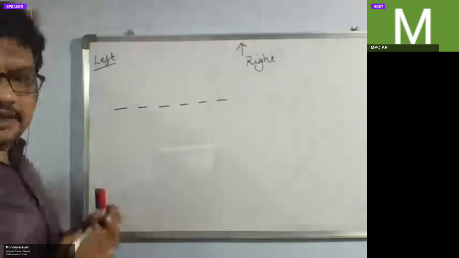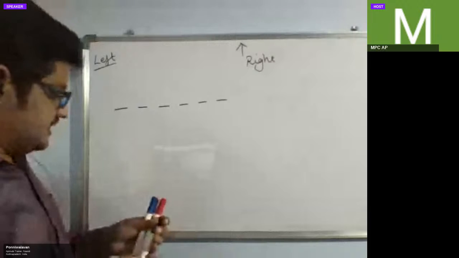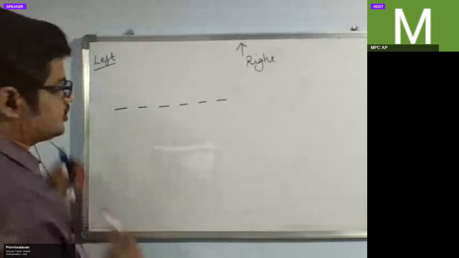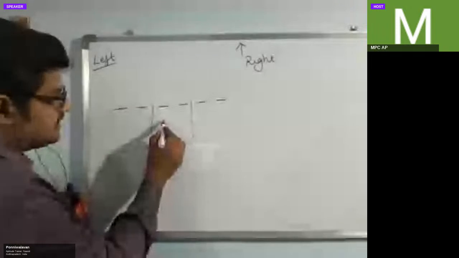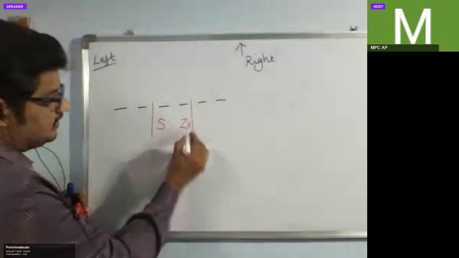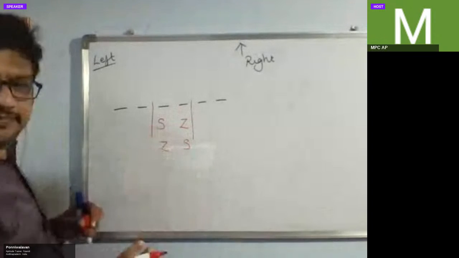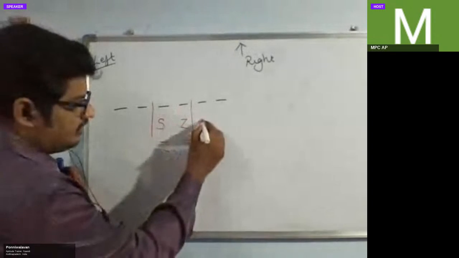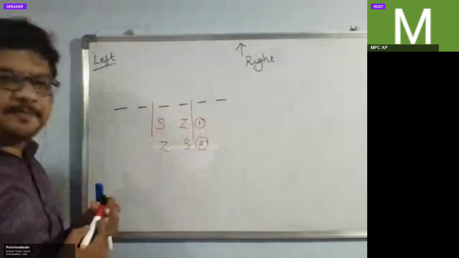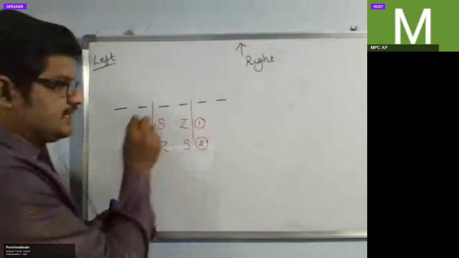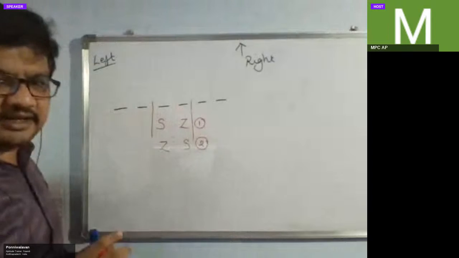Now S and Z are in center. So here S and Z are in center. So SZ will be there, or it may be ZS. Can you tell me, is 1 possible, is 2 possible, which is possible? They're telling that S and Z are in center. So is SZ correct, or ZS correct?